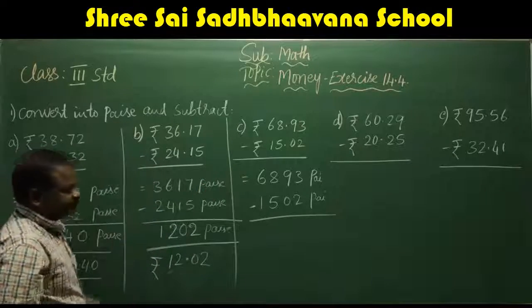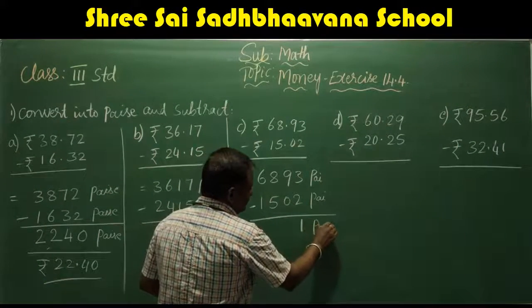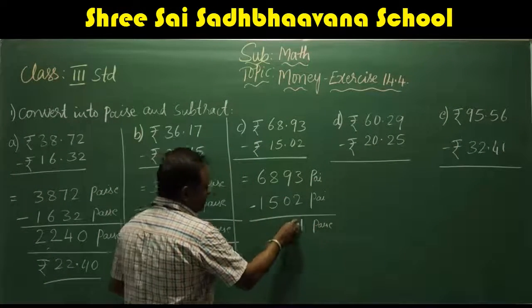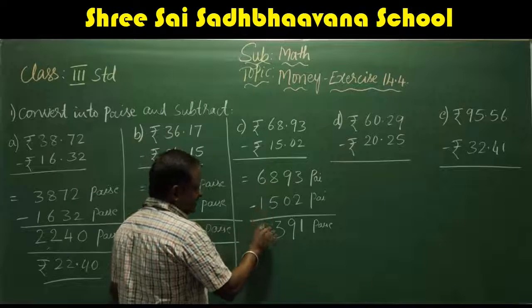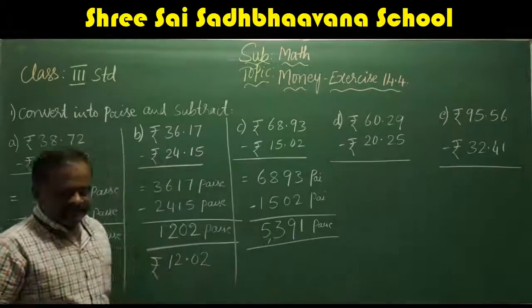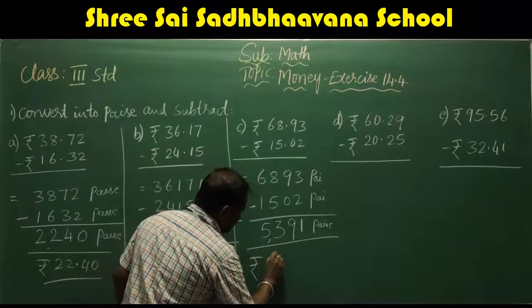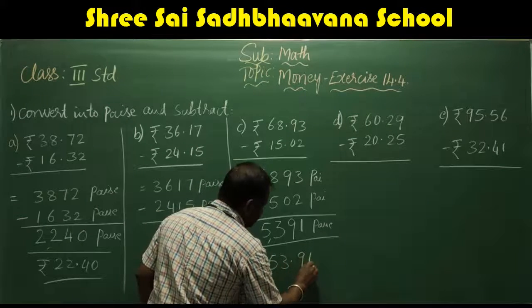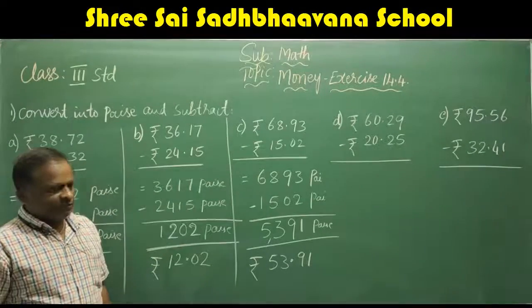So, subtraction. 3 minus 2, 1 paise as it is. 9 minus 0, 9. 8 minus 5, 3. 6 minus 1, 5. 5391 paise. This can be written as rupees 53.91.